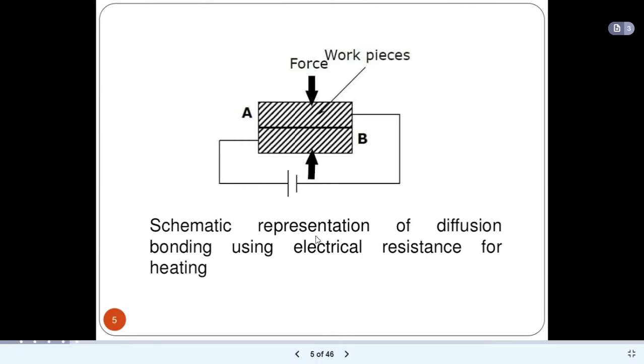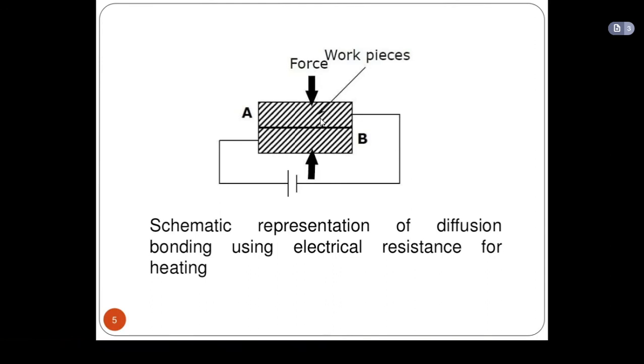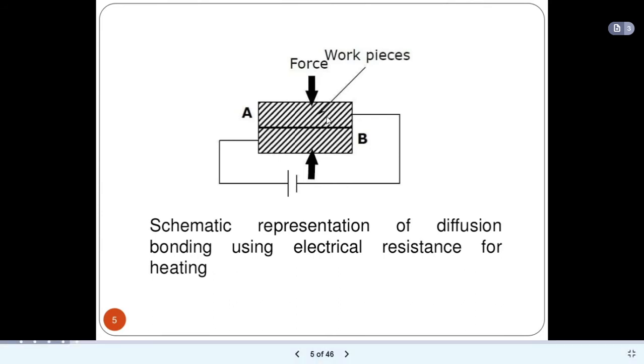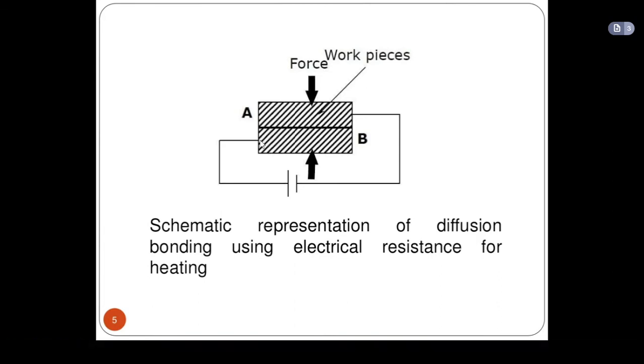We can use any source to increase the temperature. We can use a furnace, or an eddy current method, or resistance also. For any purpose, the main aim is to provide the heat, or increase the temperature. After that we apply the pressure and diffusion will be done.